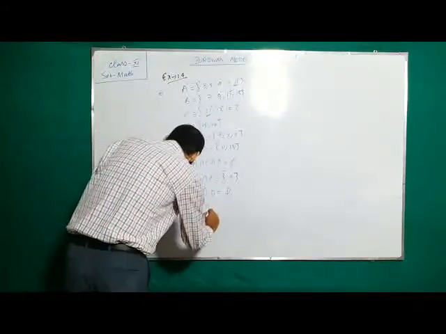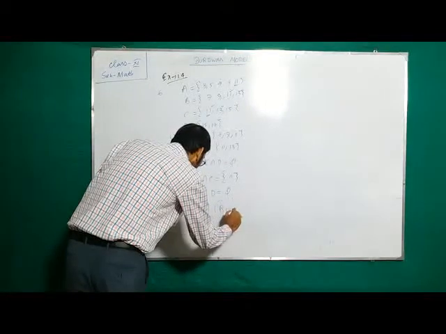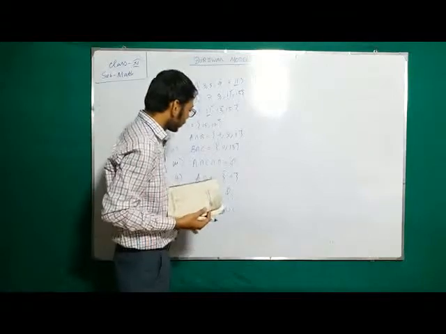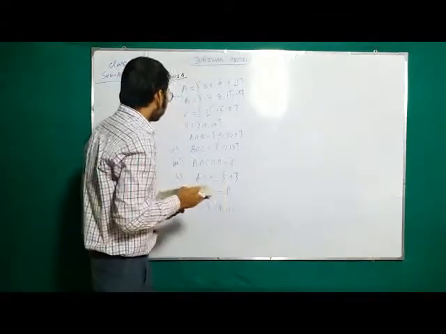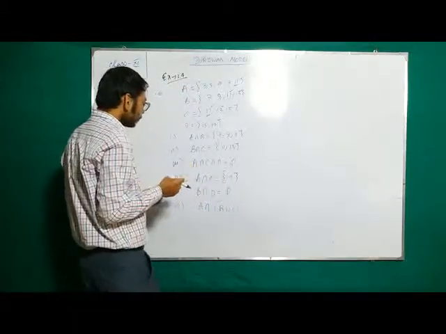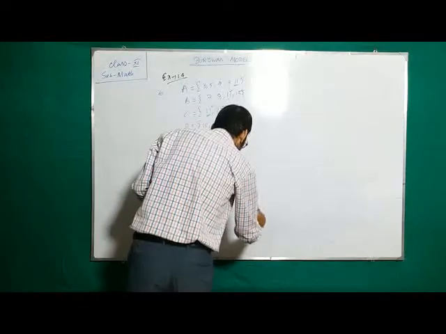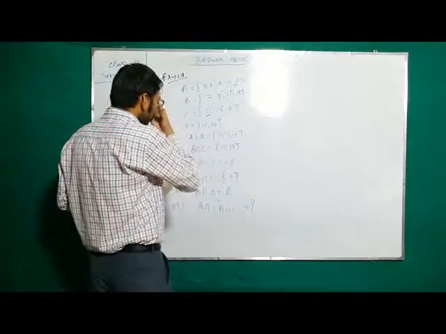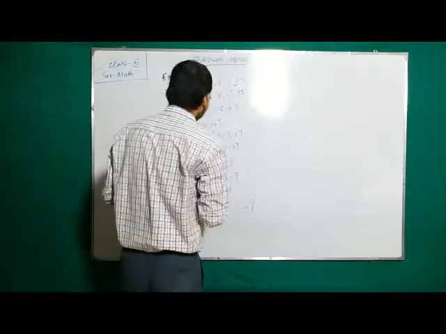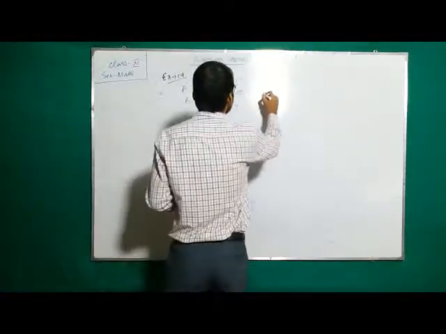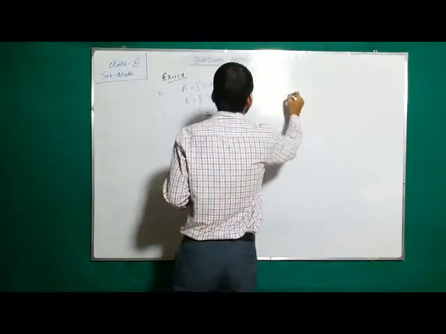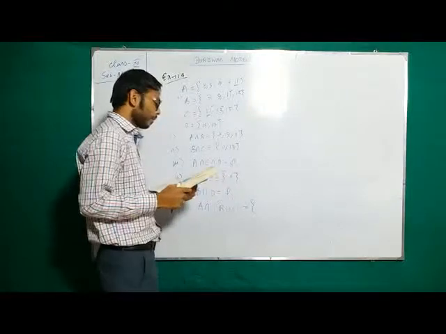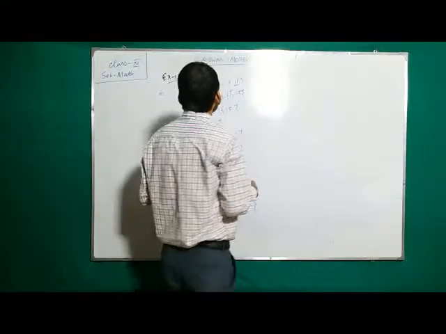Okay. Now move on to question number 6. A intersection B union C. We first find B union C. You may also do it with the distributive property, or directly.